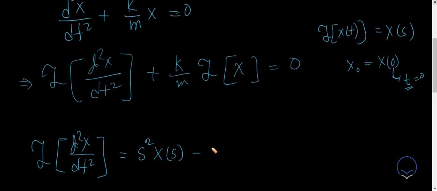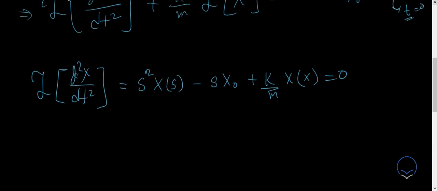So this will be just s x0, which is a number or a constant, whatever you want to call it. And finally you will have k times x of s, and there is an m underneath it, right? Now this is an algebraic equation because it should be s, not x. Now this is an algebraic equation.